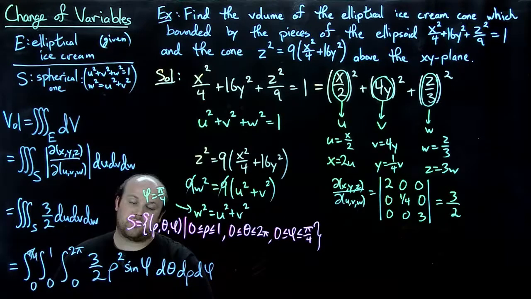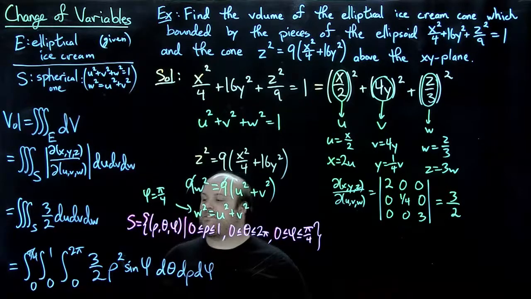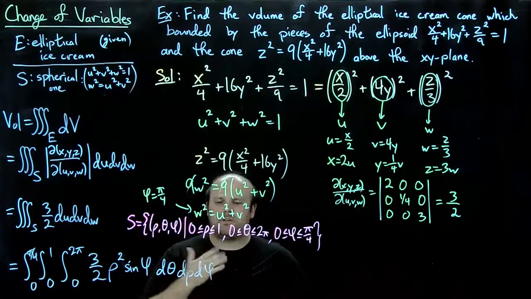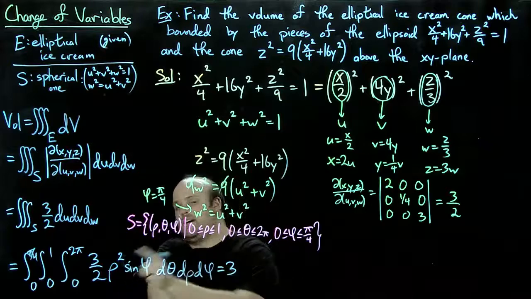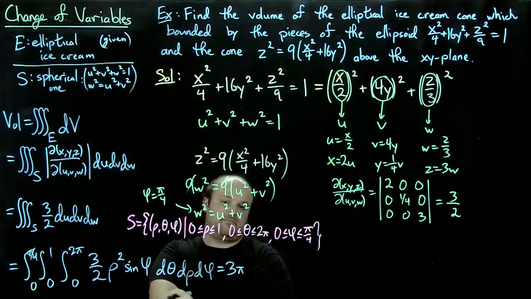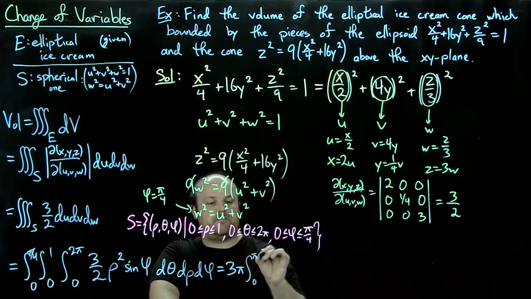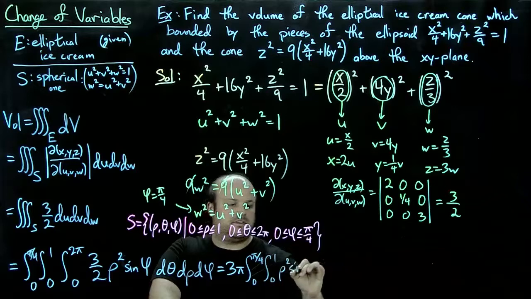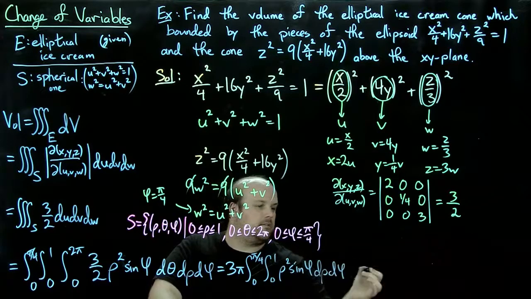Right? So if we integrate this, well, with respect to theta, since it's 0 to 2 pi and there's no theta here, all we're going to do is multiply by 2 pi. So I'm going to pull out the 3 halves and the 2 pi, and that's going to give me a 3 pi here. Right? And then we go from 0 to pi over 4, 0 to 1, rho squared sine phi, d rho, d phi.